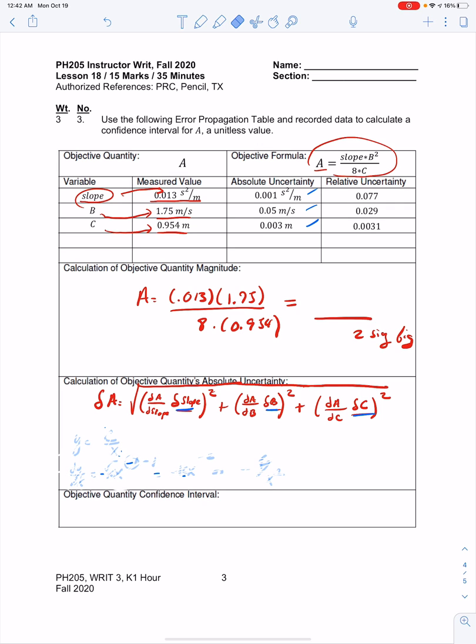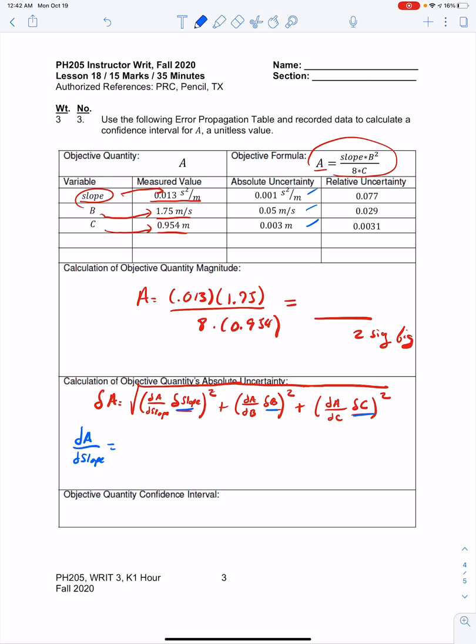With partial derivatives, the only thing that you should focus on for each partial derivative is the thing that you're deriving at that moment. So when I say the partial derivative of A with respect to the slope, the only thing that you're focused on is the slope.